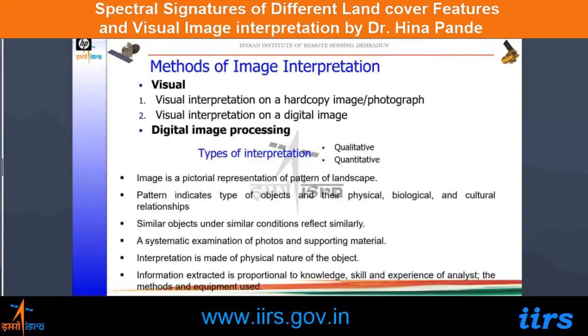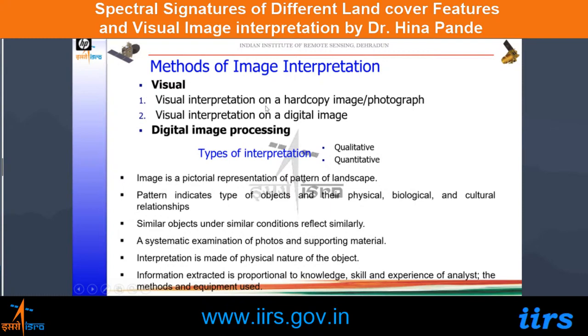Now we come to the next section, that is visual image interpretation. Image interpretation or extraction of information can be done by two methods, that is the visual or manual method and the digital method. The digital image processing section will be dealt with separately later on in the module. Today we will be talking about visual methods of interpretation.